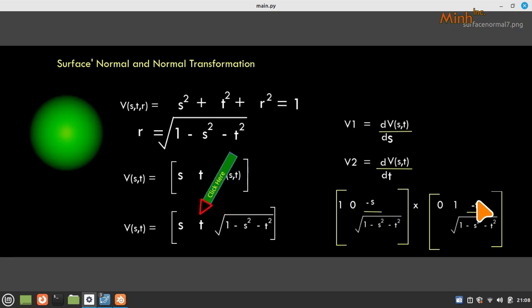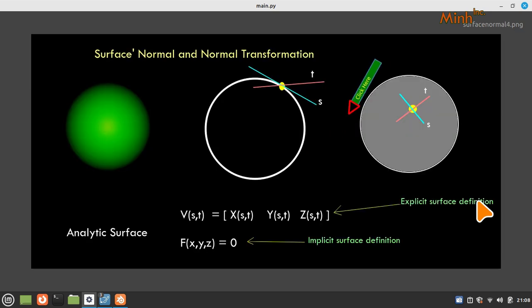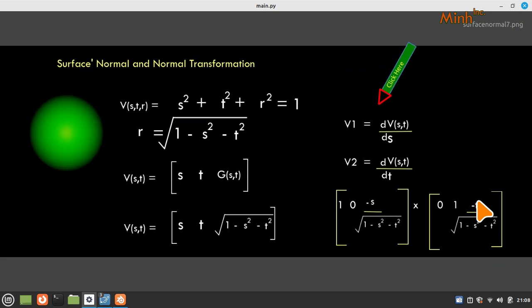For a sphere it leads to this: s, t, and along r it is the square root of 1 minus s squared minus t squared. Now the vectors v1 and v2, for s and t, we can calculate as dV/ds and dV/dt.